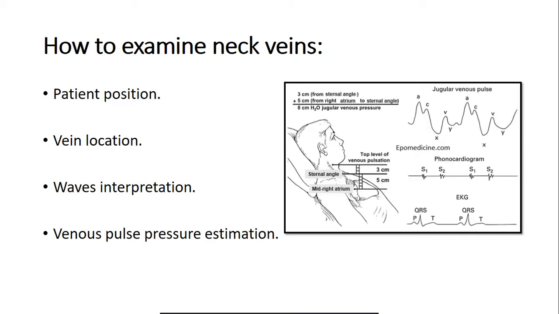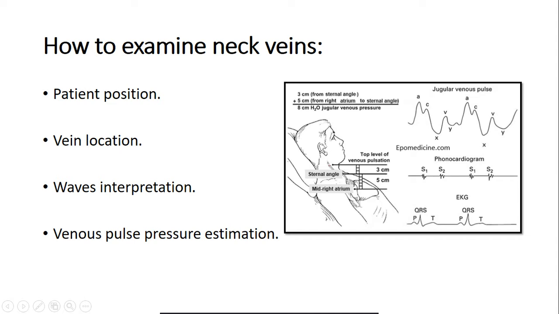The first step in neck veins examination is your patient position. The patient lies, as you see here in the photo, at 45 degrees. Why 45 degrees? Because at this position you will have the clearest image of your neck veins.